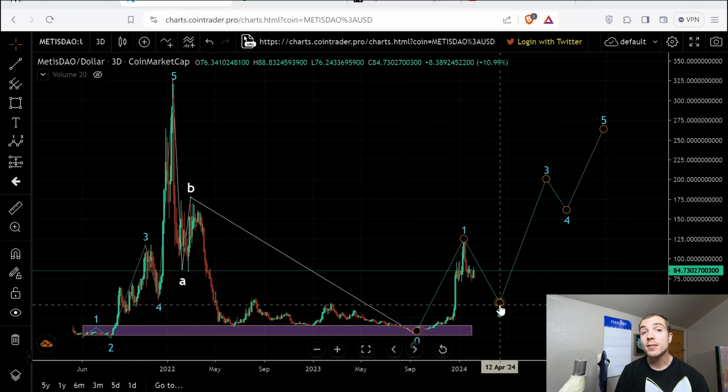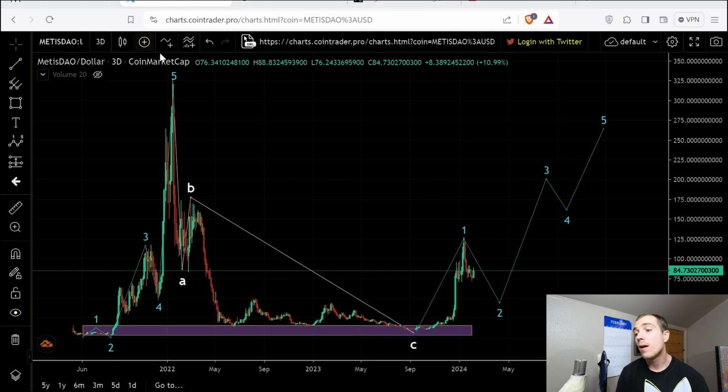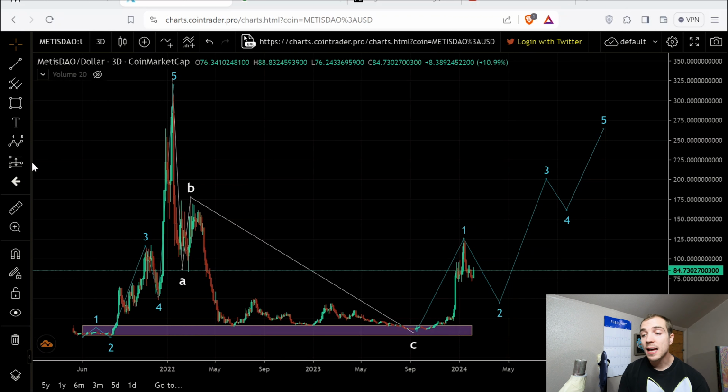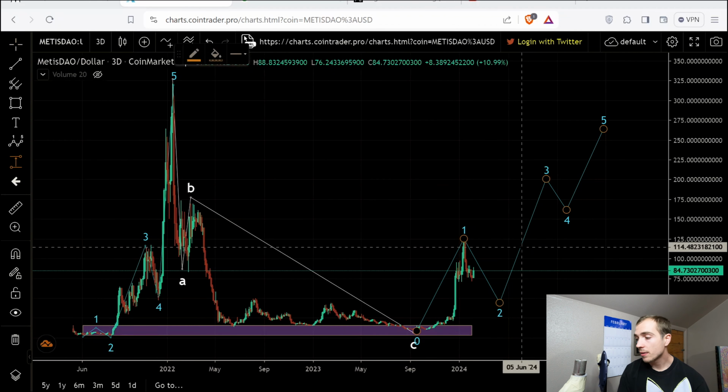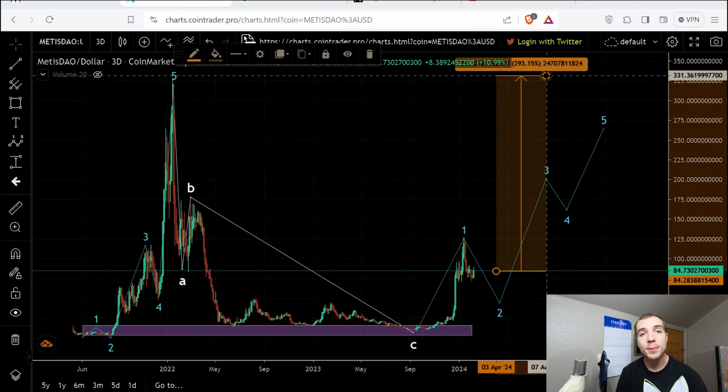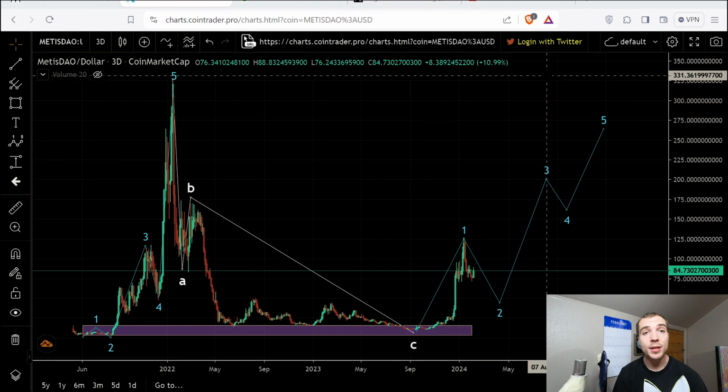A new market cycle means the potential for a break above the previous all-time high. That previous all-time high level is not that far away in terms of percentage gain. We're at $84 right now. The all-time high level is only 300% up from here. So it wouldn't take that big of an increase, only 3 times in value, for MeidasDAO to break its all-time high.